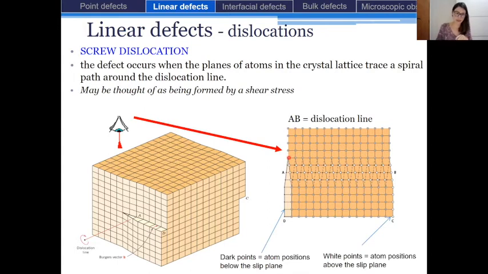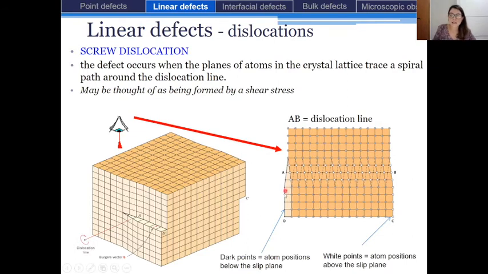Okay, and if we have a look above this dislocation line, like it is represented right here, we observe that at a certain distance from this dislocation, the atoms of the lower plane and upper planes superimpose one on another, but close to the dislocation line, which corresponds to this line A to B, they have a certain distortion, okay?